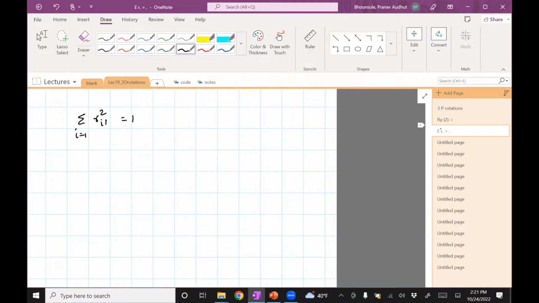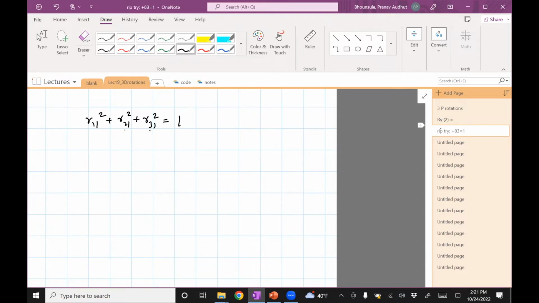Maybe I should write it. It's much clearer if I just write down the expression: R11 squared plus R21 squared plus R31 squared is equal to 1. So that's taking the first column, the first row, second row, third row of the first column, and then squaring it, it should come out to be 1.